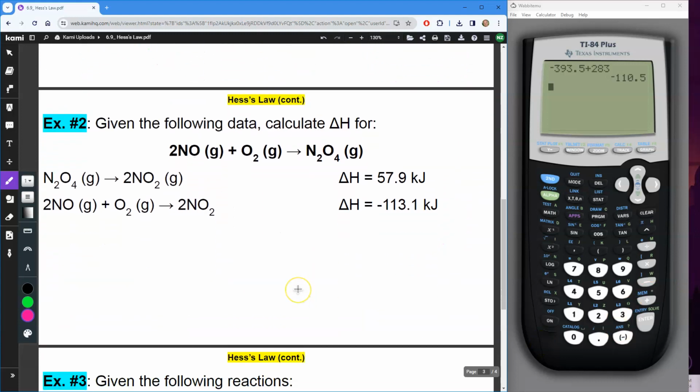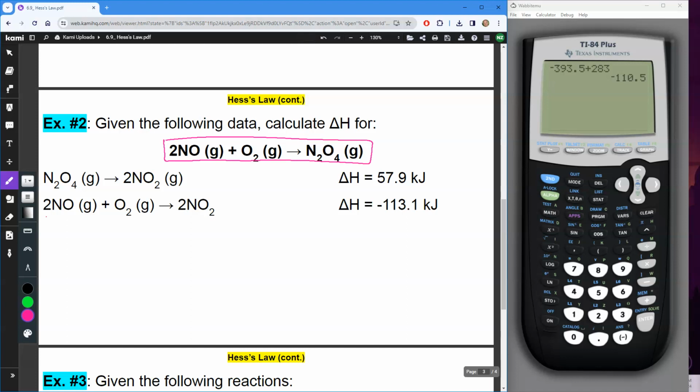Okay, let's do another example here. It says, given the following data, calculate delta H4. So, same thing. I'm going to look at the target reaction here, and I want to look for the pieces that I want. So, we've got 2 NO. Oh, geez, we have NO everywhere here.